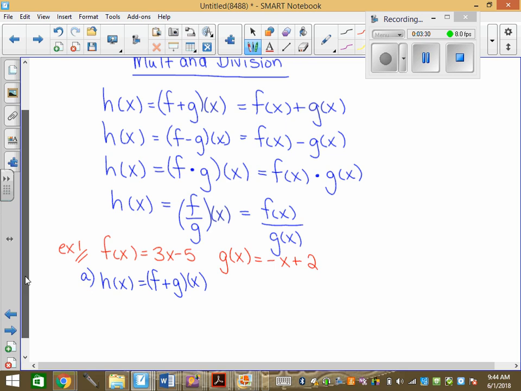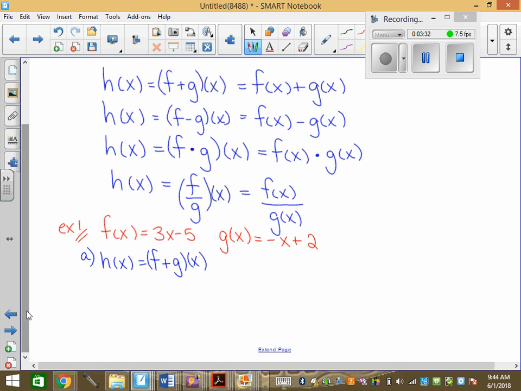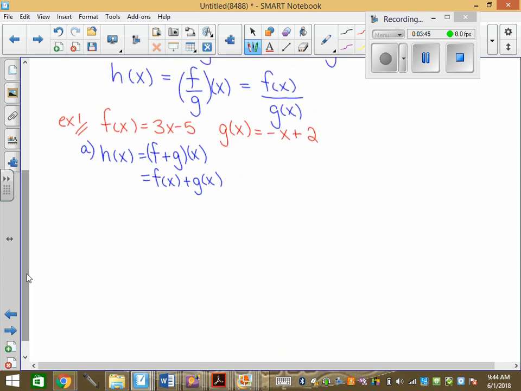What does that just mean? You said, you are correct. So we literally just add the two functions. 3x minus 5 plus negative x plus 2.